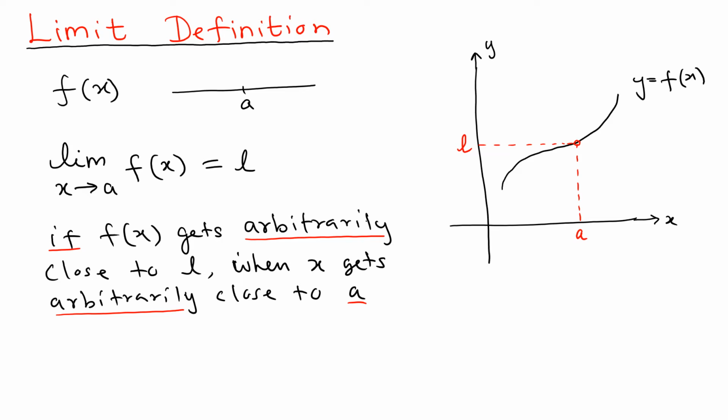Now you want to make sure that you can make the function value as close to L as you like by making x as close to a. For example, you pick a value y1, and you can find the corresponding x value by mapping the function. So if you start with the x1 value, you end with the y1 value.